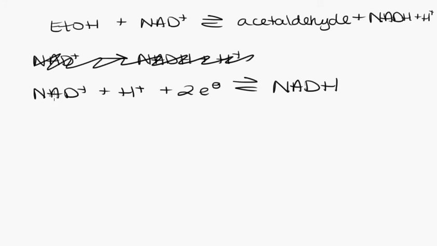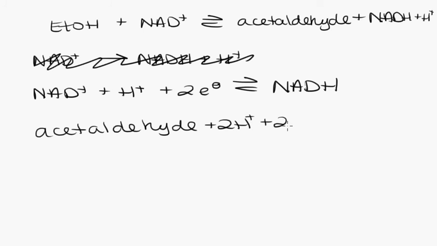Then we've got acetaldehyde, and I'm just copying these down from a table in the book, plus 2H plus 2 electrons, and that's going to make ethanol.